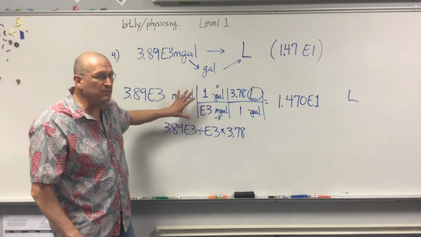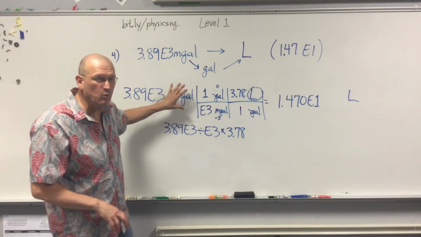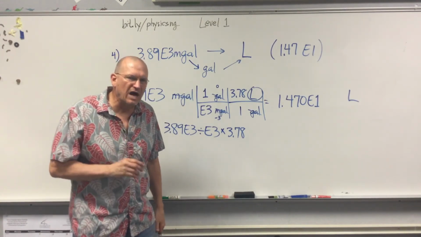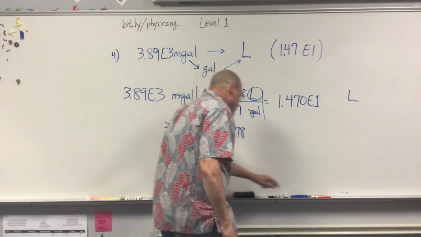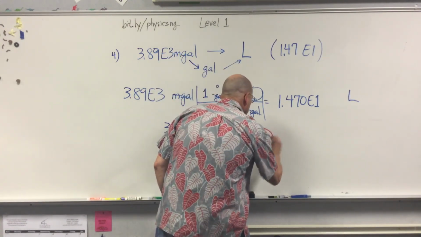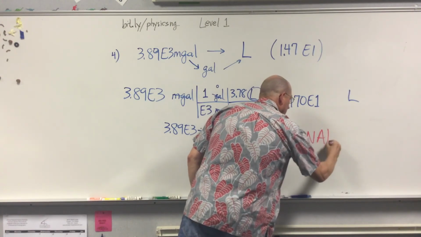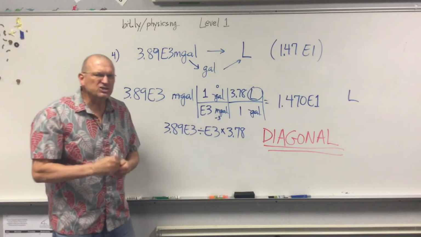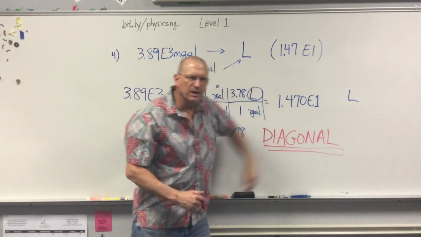You will find that it will work for a level 1 because of the structure of the level 1 unit, but that rule or that approach will not always work. And the one word that you need to remember when it comes to all of this is diagonal.